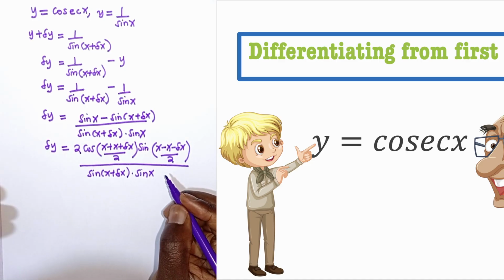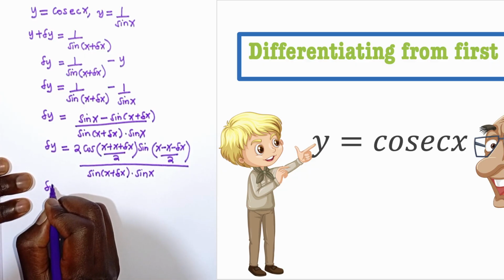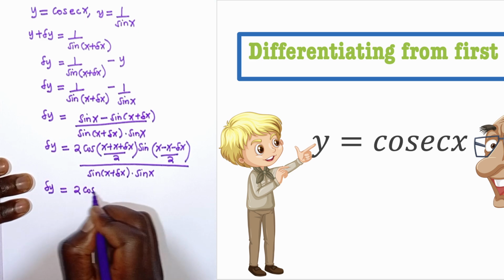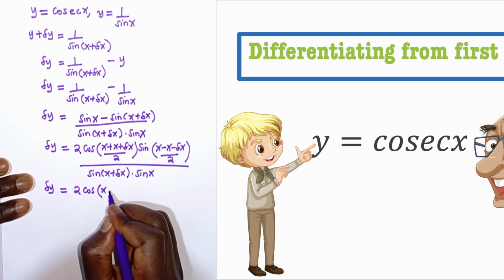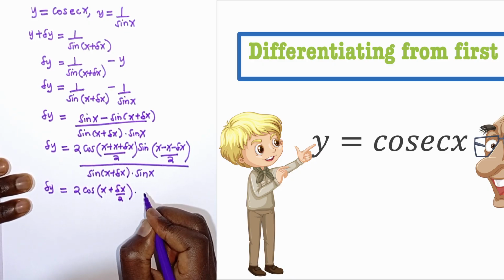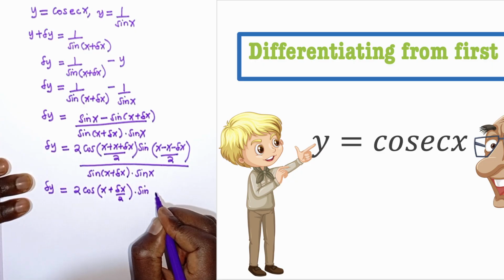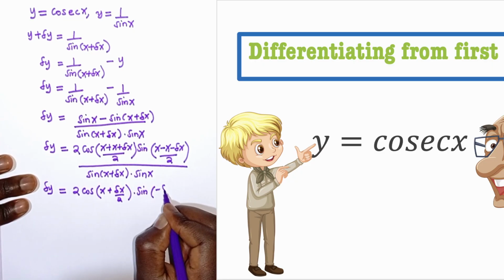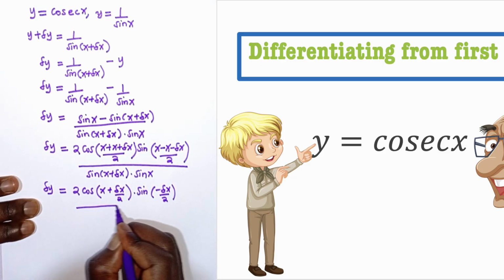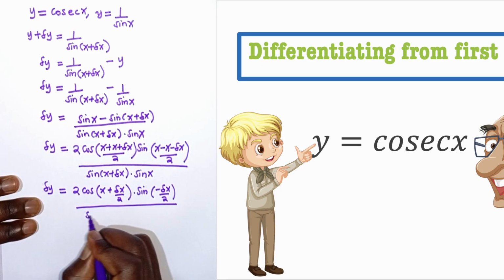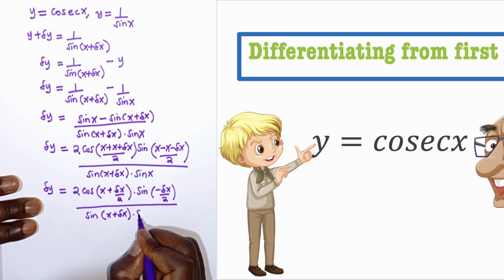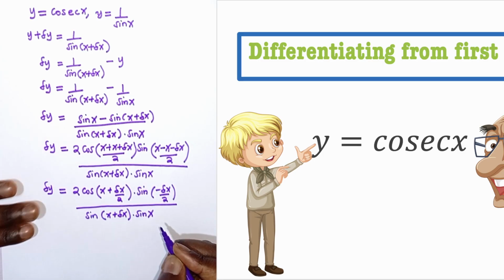Simplifying what is up, our delta y is equal to 2 cos of x plus delta x out of 2, because x plus x we get 2x, divide by 2 we get x, times sine of negative delta x out of 2, everything over our LCM. So our LCM is sine of x plus delta x, then times sine x.